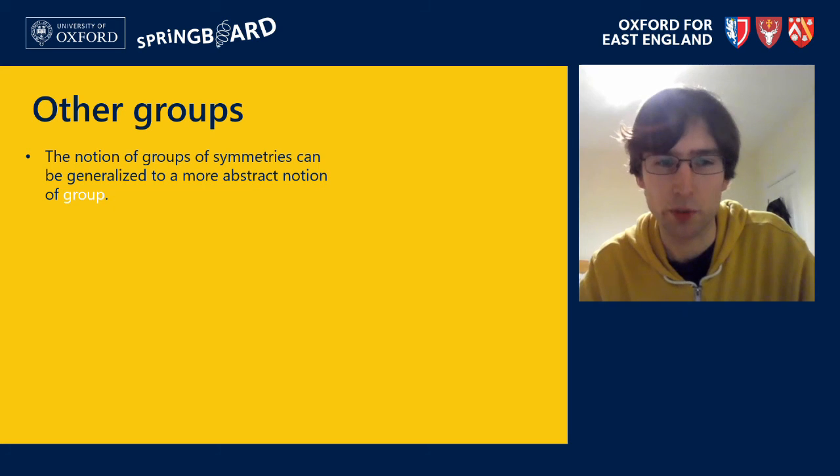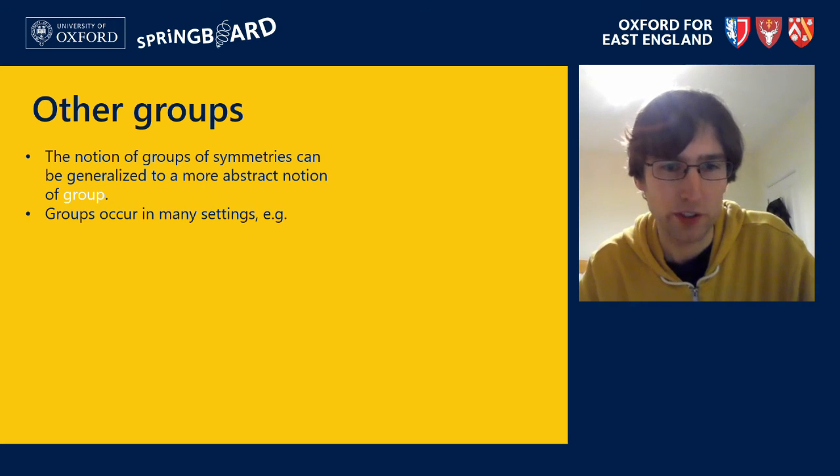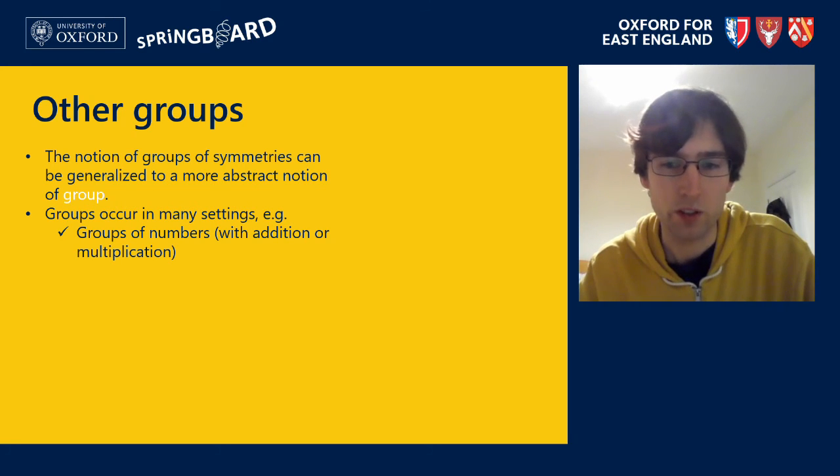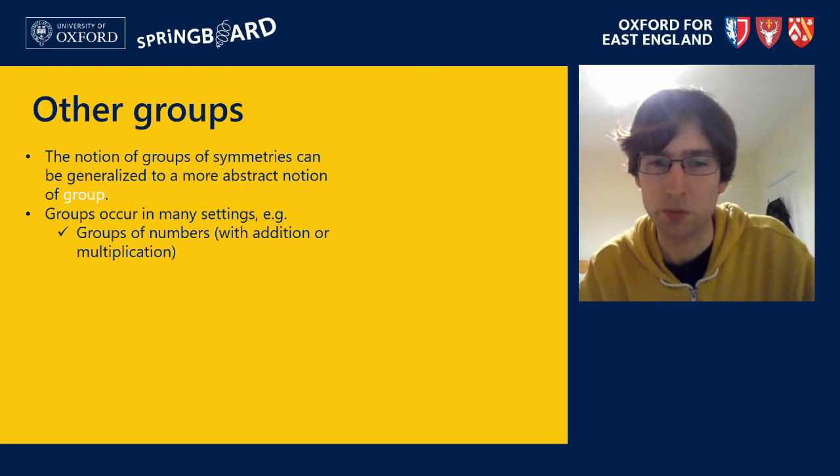So this is something you would come across in the first year of a mathematics degree. And with this more general notion, you can see many settings in which these groups occur. So, for example, you can have groups of numbers where the method for combining numbers could be addition or it could be multiplication.